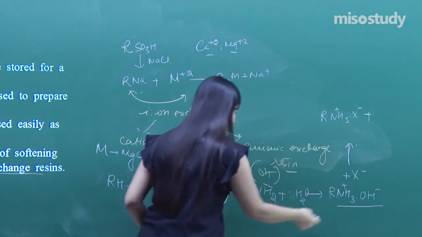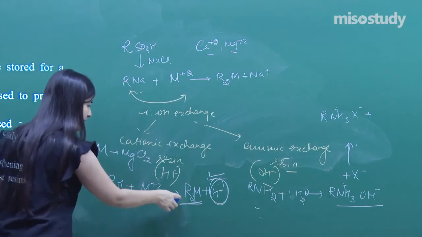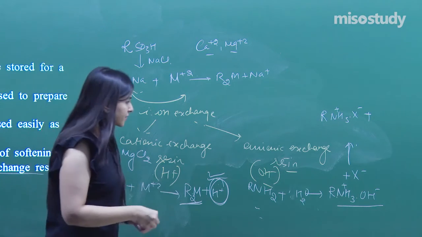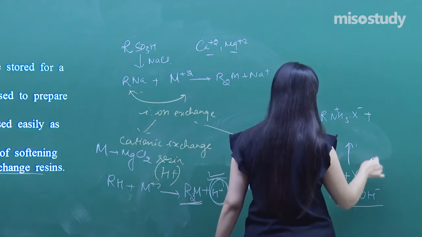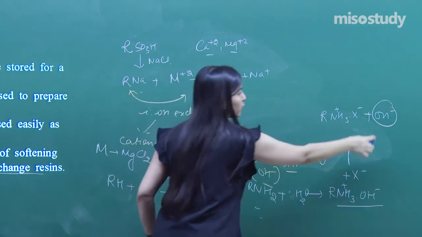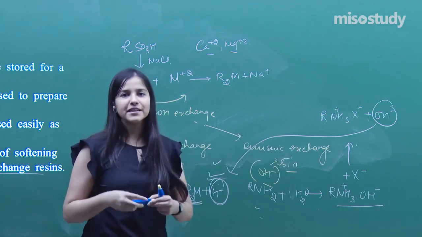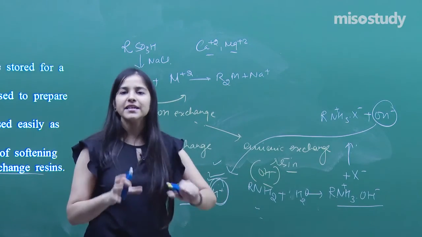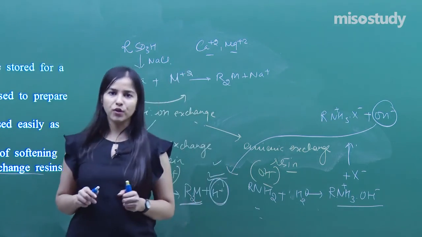Here also the principle is the same, exchange is taking place, fine. And what we get over here is OH- ions. Now this H+ and OH- can combine in the solution, making it neutral, and finally the demineralized, deionized, perfectly pure water, in fact what we call distilled water.